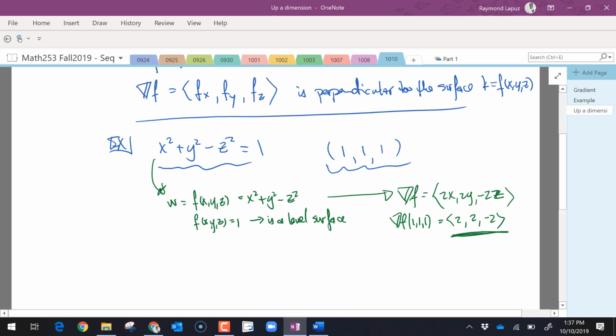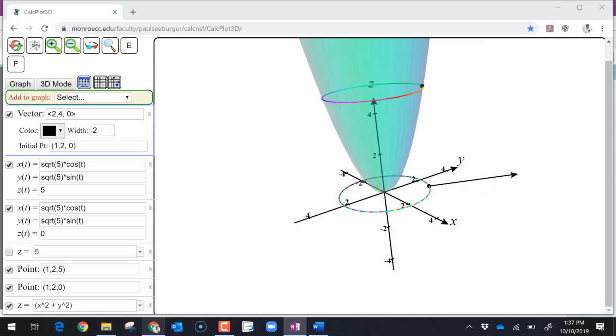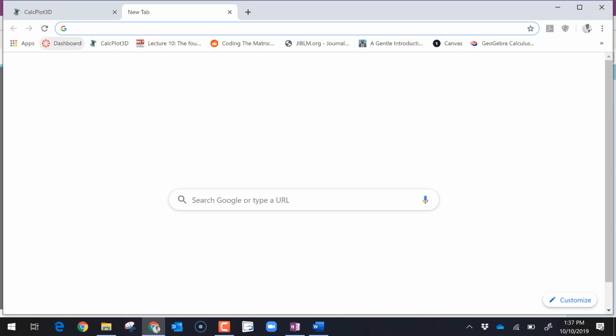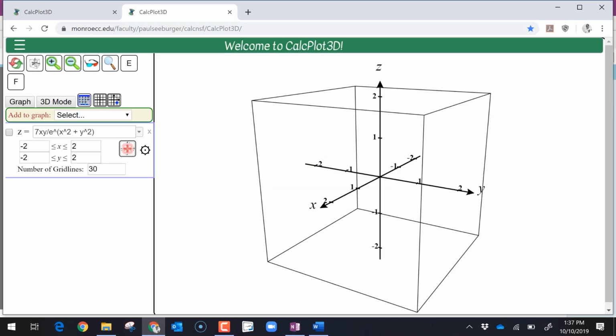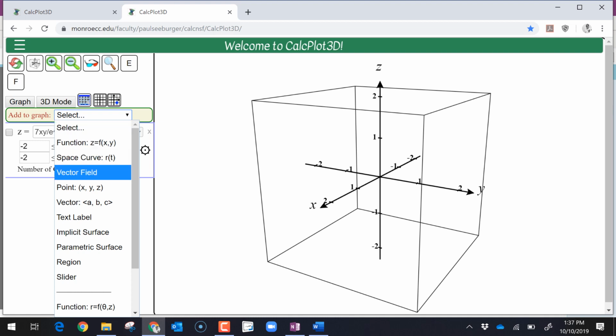So now this vector should be perpendicular to this level surface at that point. We'll graph and draw it to see that this is actually true. So this time I'm going to find an implicit surface.